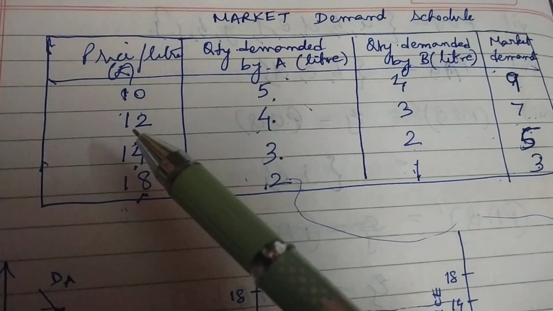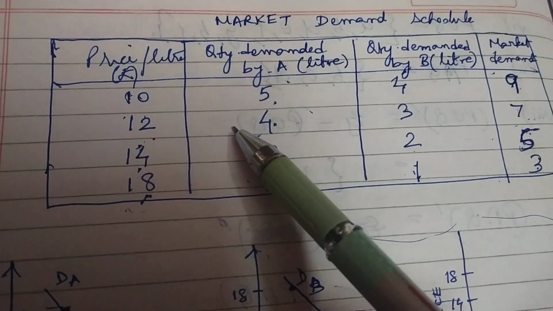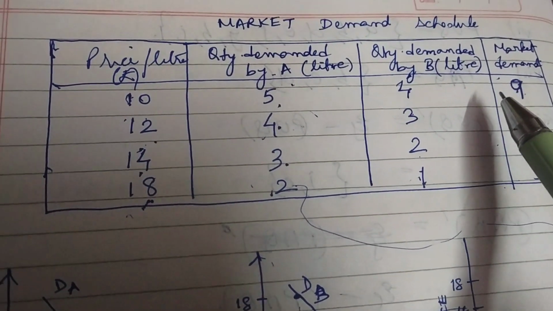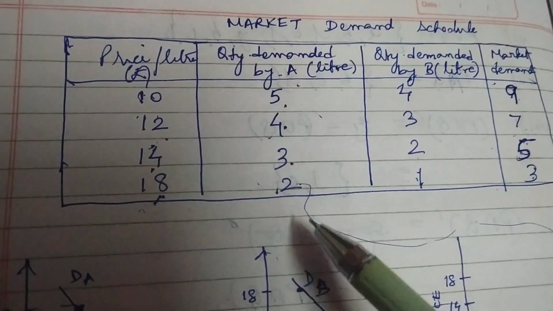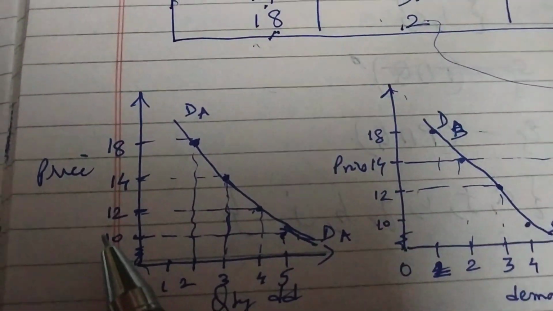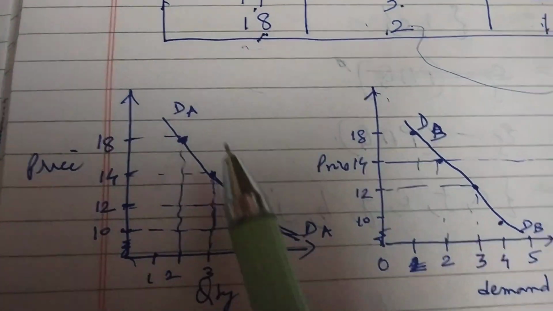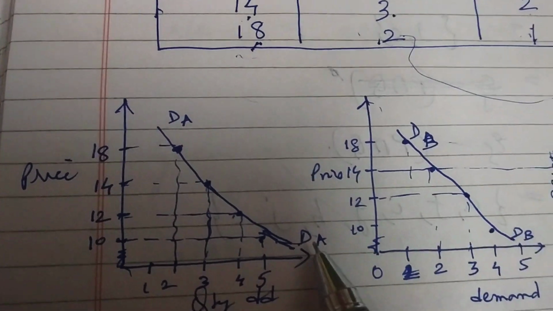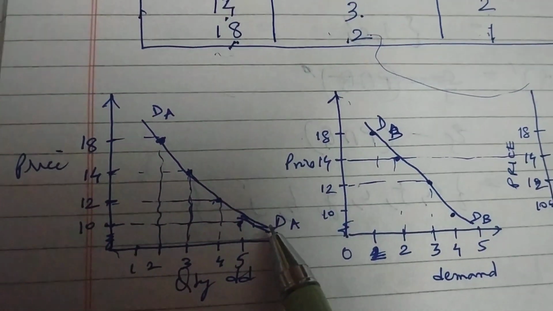Now, if I plot these individual schedules and the market demand schedule on graph paper, taking demand on the x-axis and price on the y-axis, I will get a negatively sloped curve which is called the demand curve. Why a negatively sloped curve?